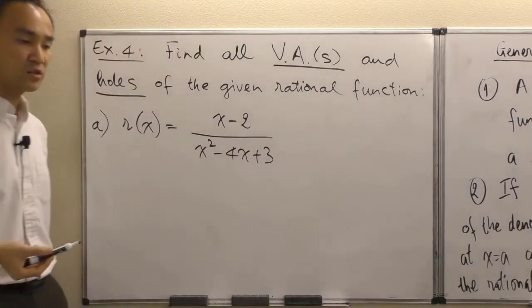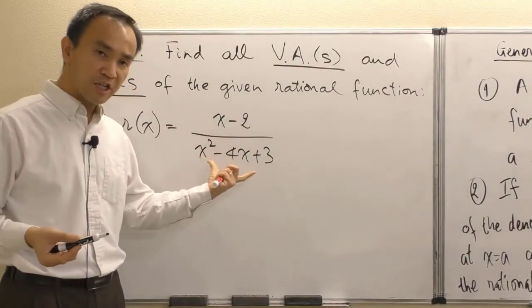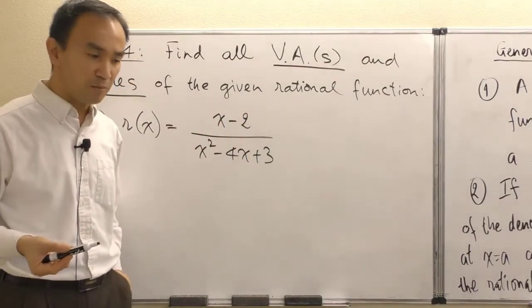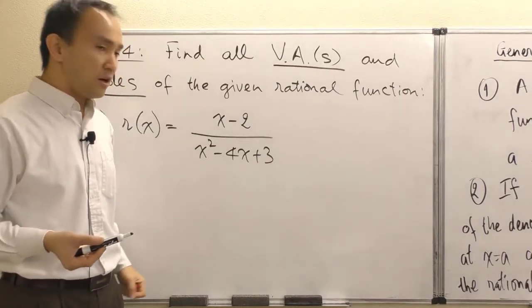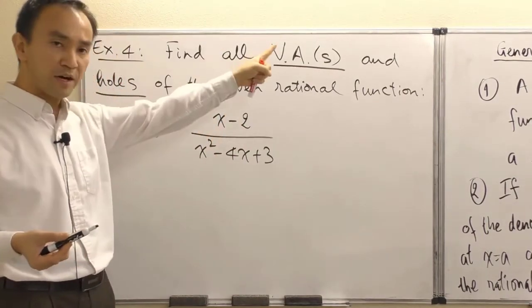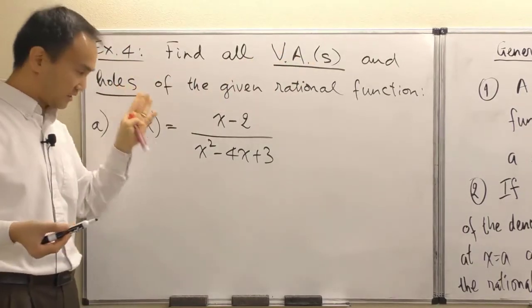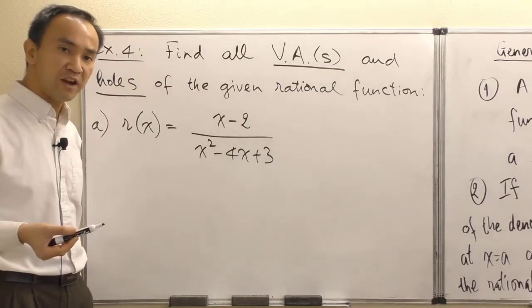So x squared minus 4x plus 3 is the polynomial in the denominator, and x minus 2 is the polynomial in the numerator. All right, so here we go. We have a rational function, and according to the goal of this problem, we want to find all VAs and holes of this given rational function.